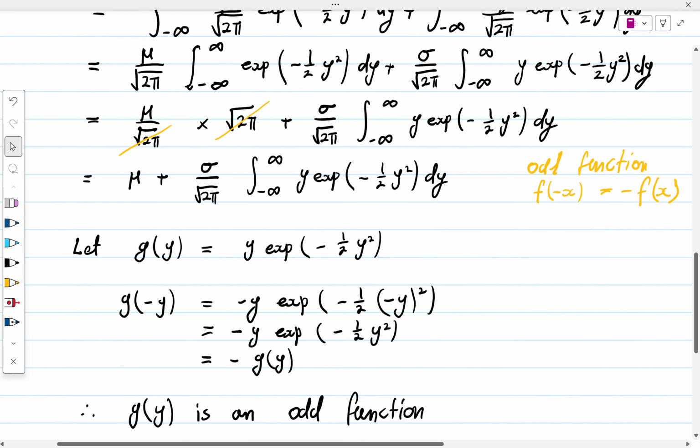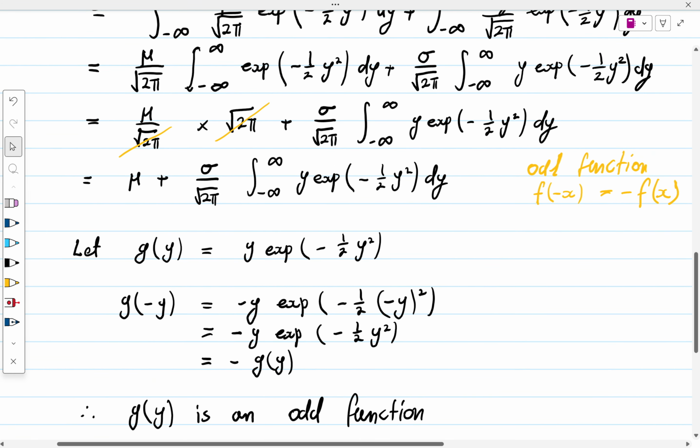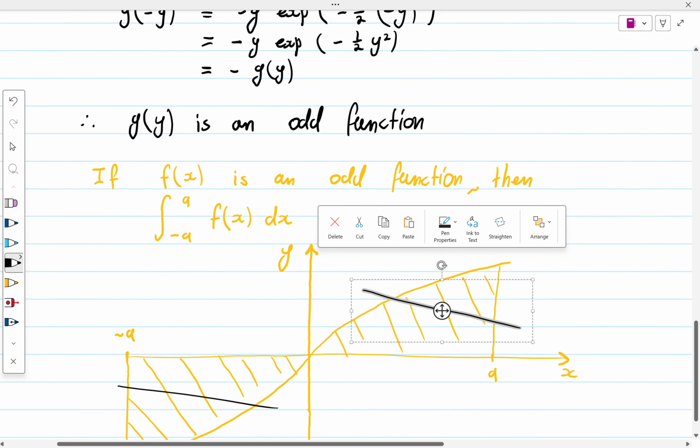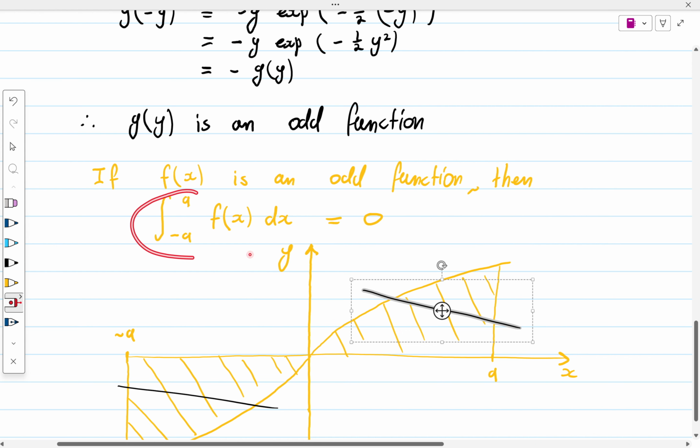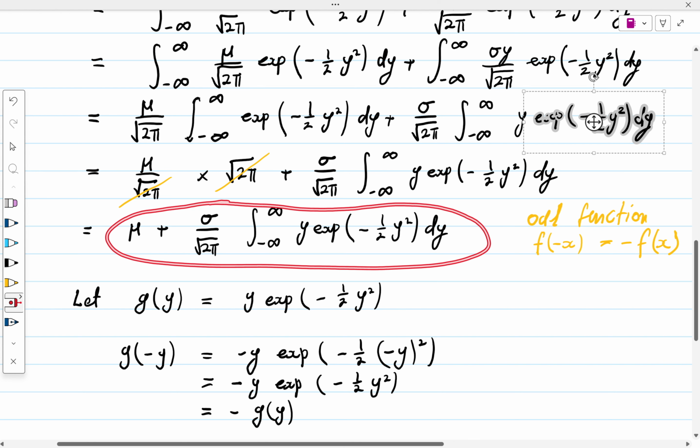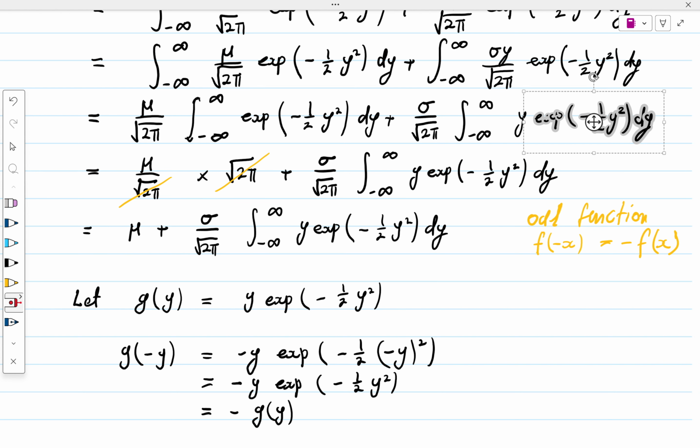So now that we've established that for an odd function, the integral from a symmetric point, or an integral from negative a to a of f of x dx, is 0. Now going back to the original question about expectation here, we notice that we're going from negative infinity to infinity, which is technically the same range, except the negative range.